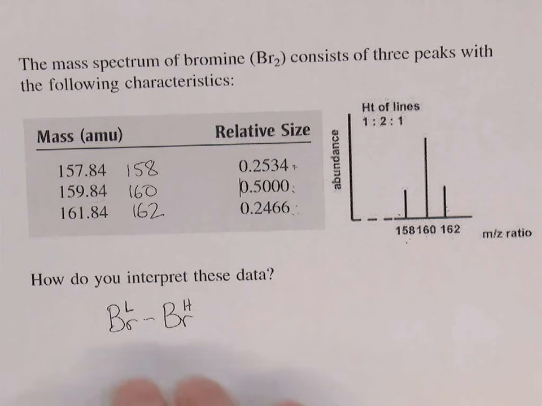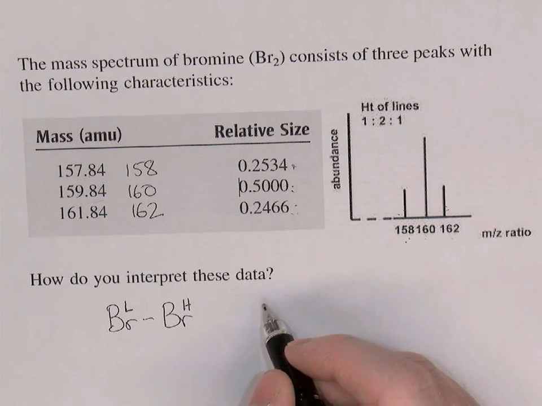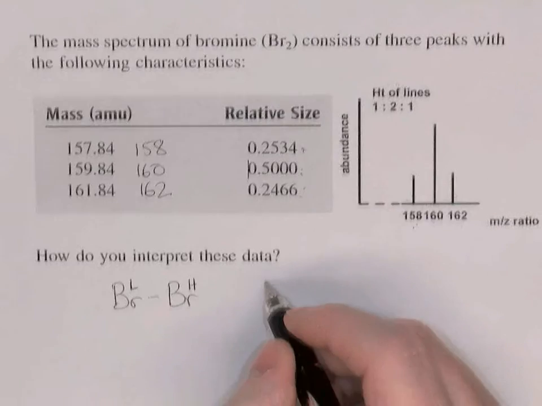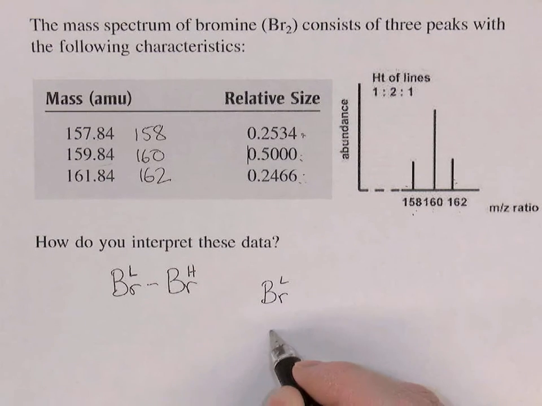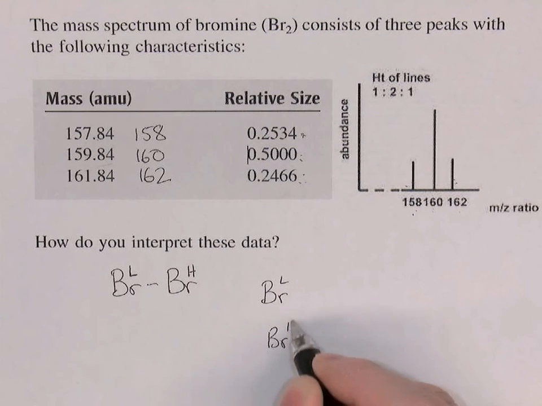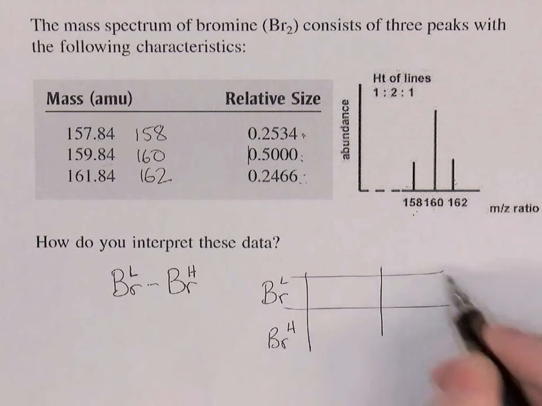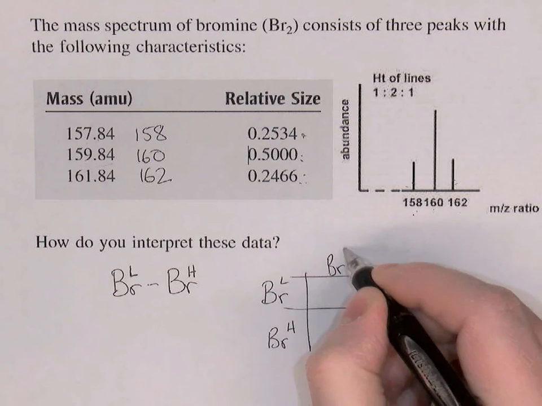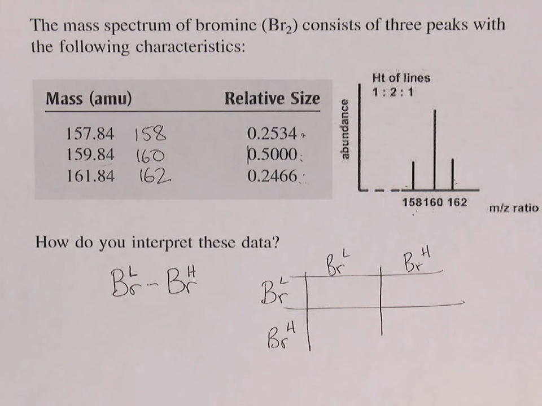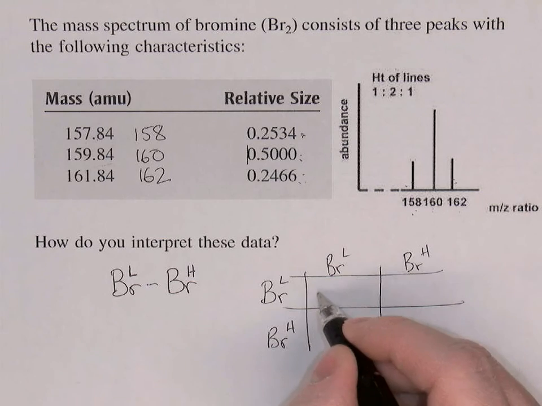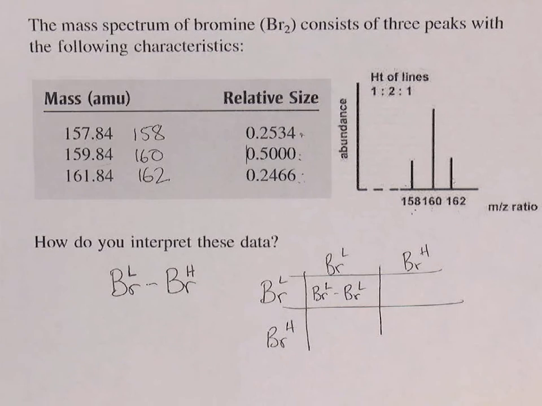Well, one way to look at this, for those of you who've done biology or maybe some probability theory, would be to make what's called a Punnett square. BrL and BrH, the light and heavy, and I'll draw a little table like this. How many kinds of bromine molecules could we get here? We could get one with 2 bromine light particles.